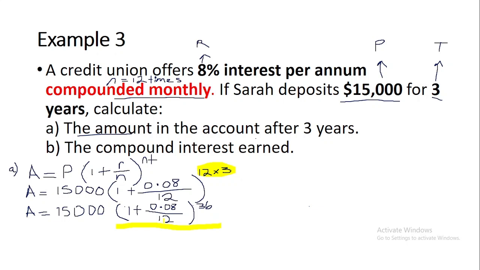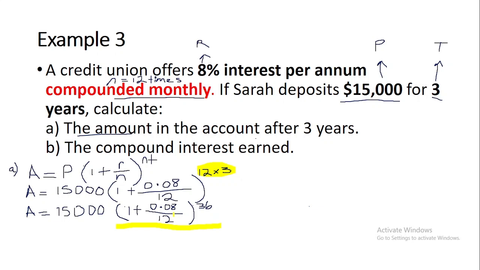I would suggest rounding it to a decimal place as close as possible to the exact number, but that number stretches infinitely, so you want to make it as accurate as possible. Then you add it to the 1 and raise it to the 36 power, just like the example before. But in this case I want it to be as accurate as possible, so I'm going to use my calculator and find what 0.08 over 12 is.